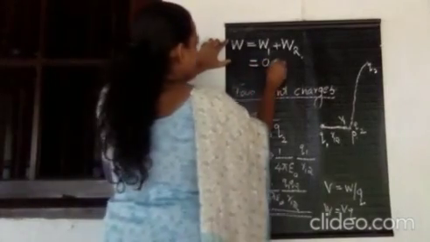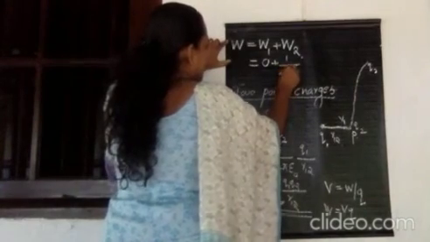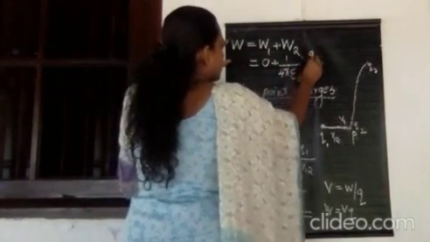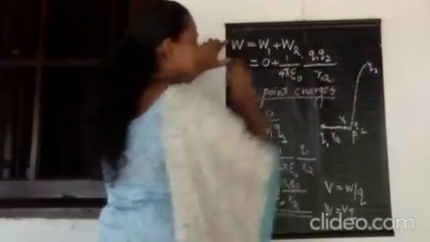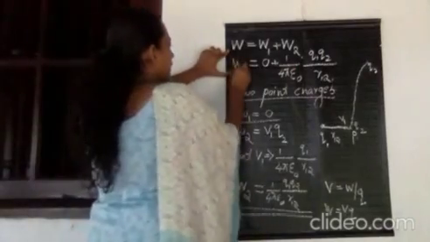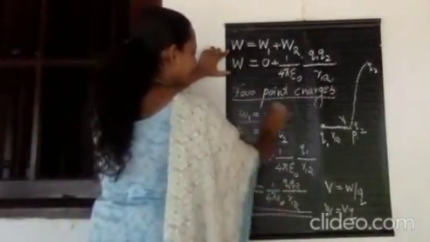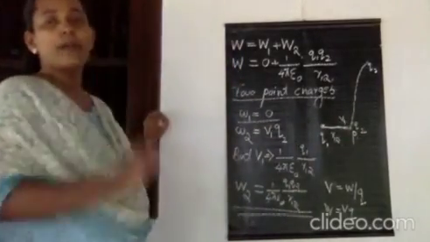W2 is 1 by 4 pi epsilon 0 Q1 Q2 divided by R12. That is the total work done, and this total work done will be equal to the total potential energy of a system of 2 point charges.